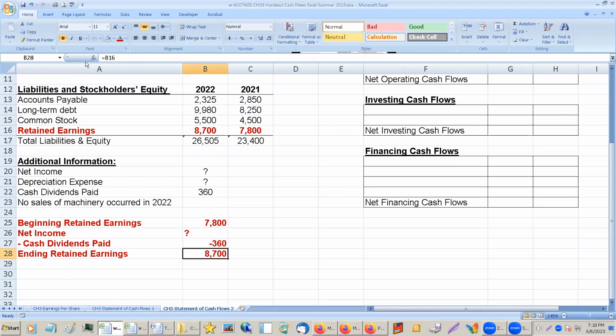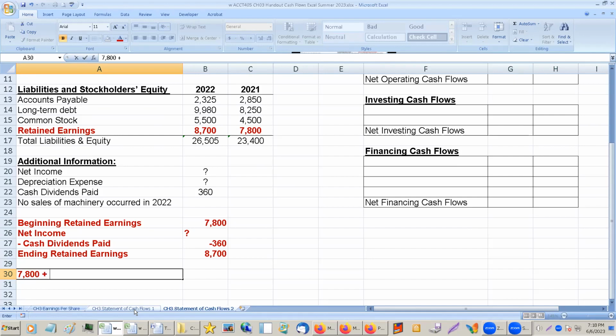So what we have to do is come up with what our net income is. You could do this mathematically. You could also kind of reason through it. Mathematically, it looked like this. So 800 plus, we'll say X for the amount of the net income, minus 360 equals the ending balance.